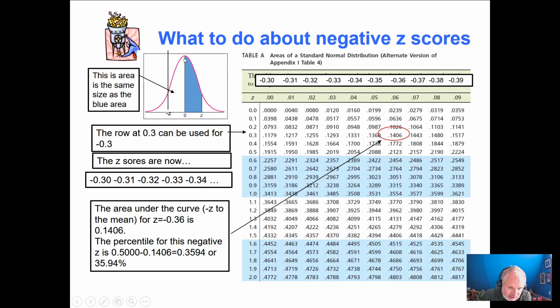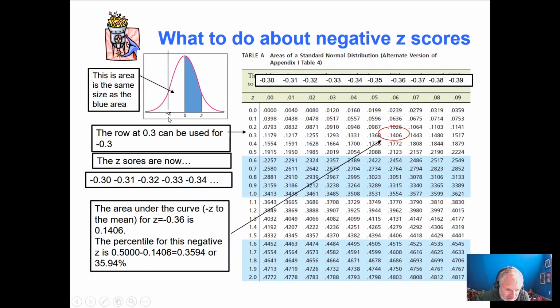So now, let's say I have a z-score of not 0.36, but of negative 0.36. I'll always have a negative z-score for scores that are below the mean. So now I know that half the scores are below the mean, and now I'm going to get this piece right here. What proportion of scores are between the mean of 0 and the negative z-score?